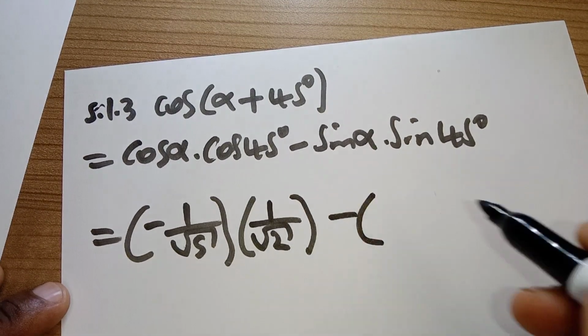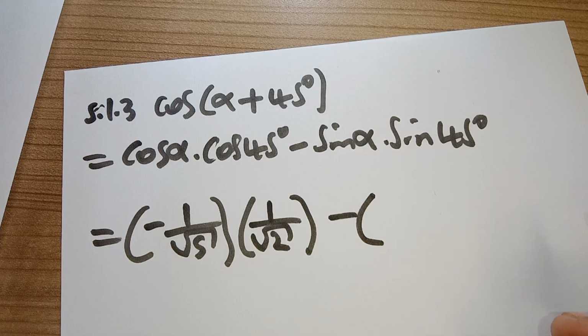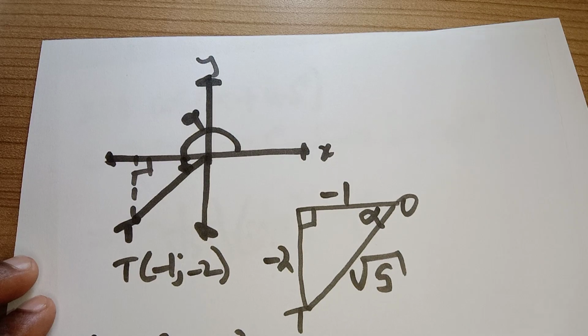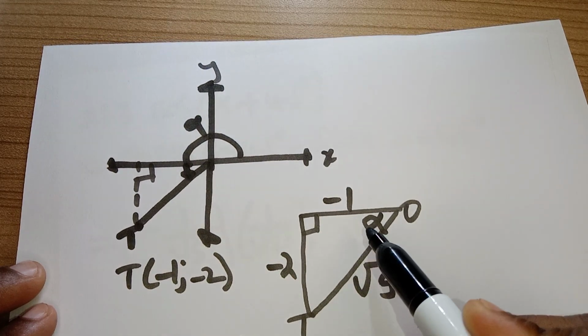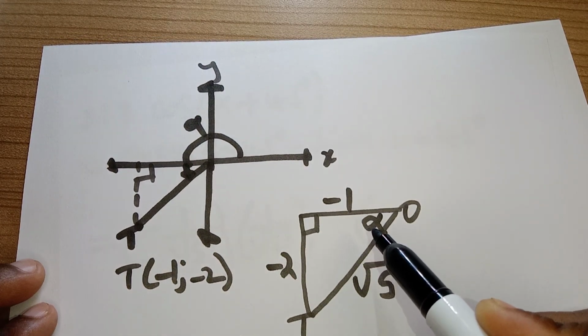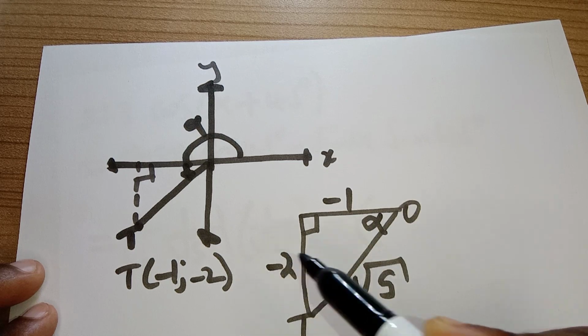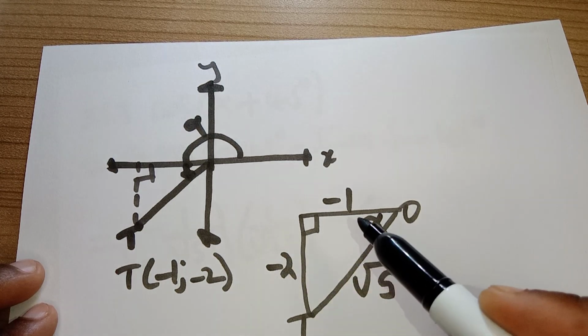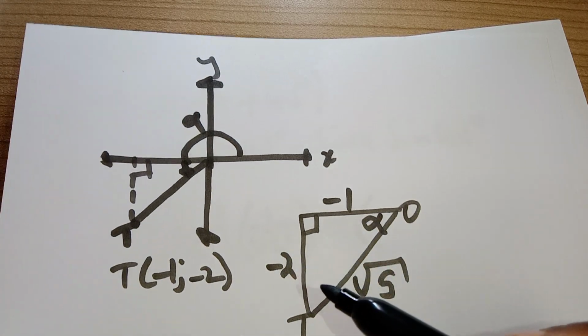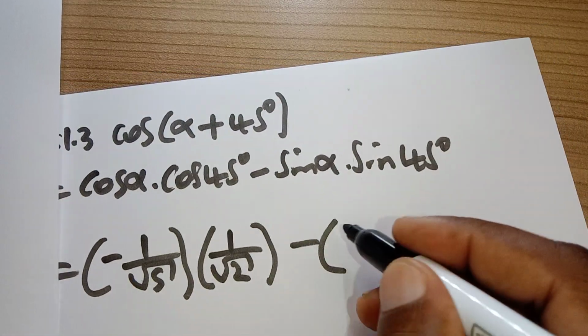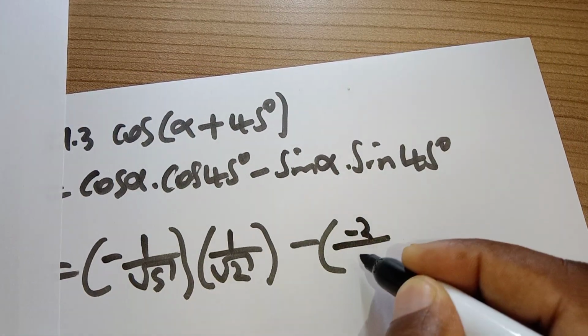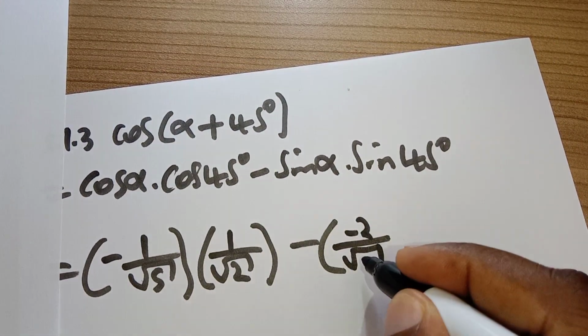Then here the sine of alpha, we go to our constructed right angle triangle. Here is the alpha, then sine by definition is opposite over hypotenuse. The opposite is -2, so it's going to be -2 over the square root of 5.